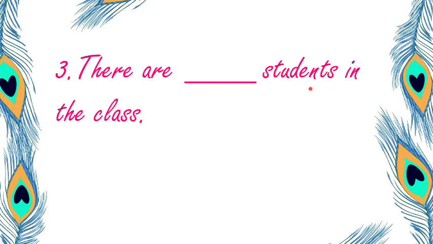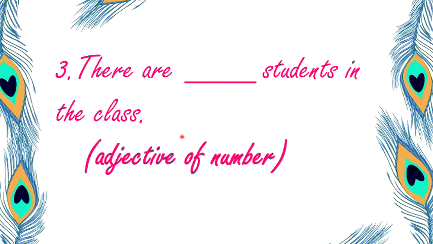There are dash students in the class. Now let us see what kind of adjective we need to put here. The adjective of number. Now just see, we have the noun students here for which we have to put our adjective. Now students is a countable noun. So adjective of number means which answers the question how many.